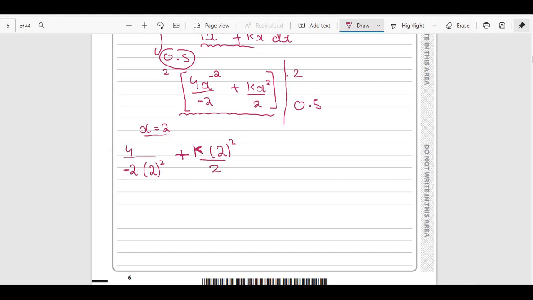So I'm integrating it, forget about the question. Then we put a minus sign and x equals 0.5, and again you write the same thing. So this would be 4 by minus 2 into 0.5 square plus k into 0.5 square divided by 2.